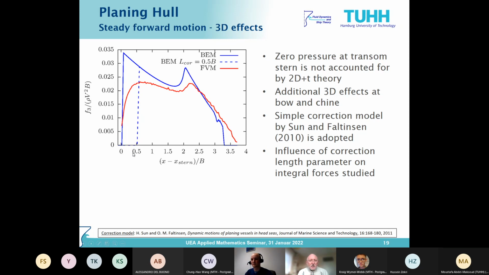Is there literature on corrections of 2D+t sectional forces to make them better compared with the three-dimensional? I mean, what are others doing in this respect? Yes, there are.